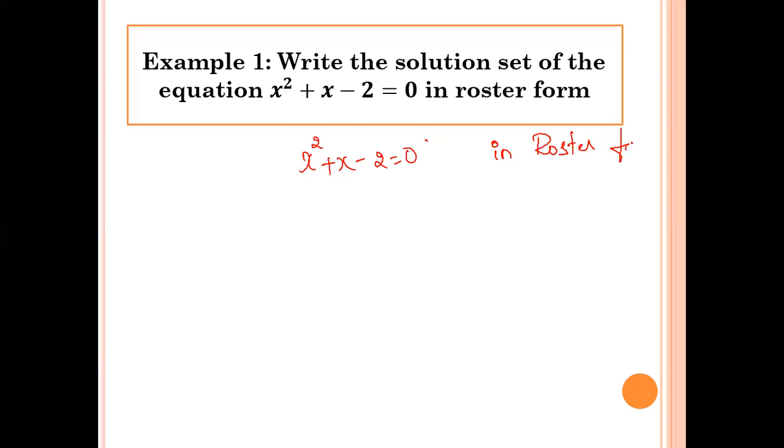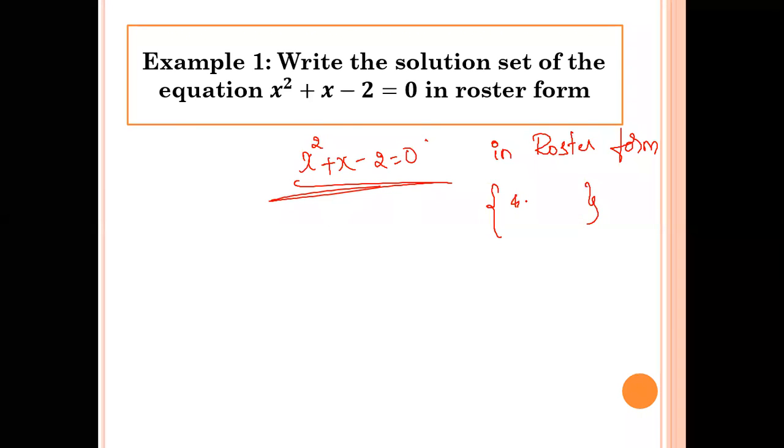You have to find the solution of this quadratic equation, and then write it in roster form. Roster form means you have to list out the answers.